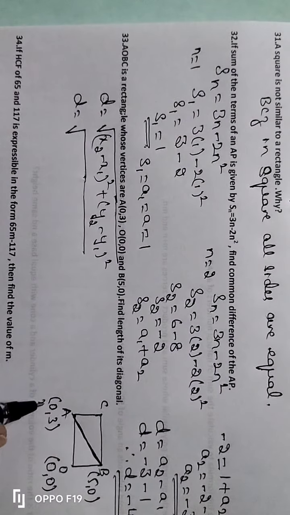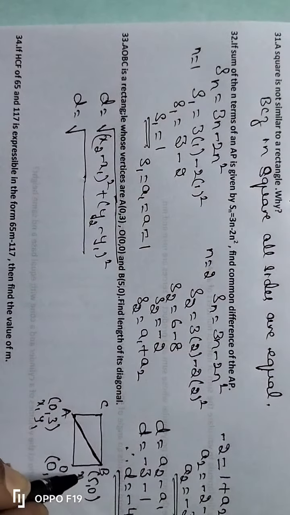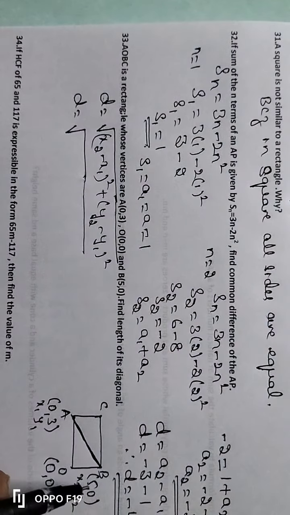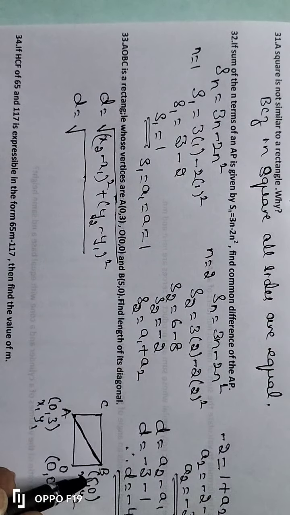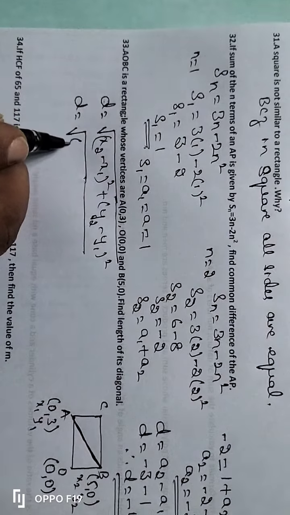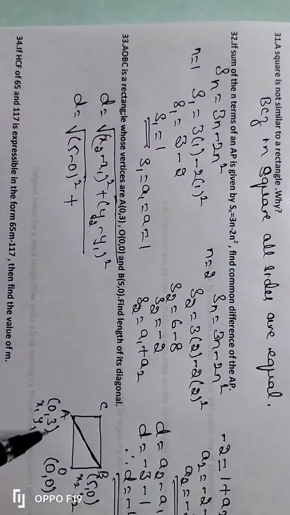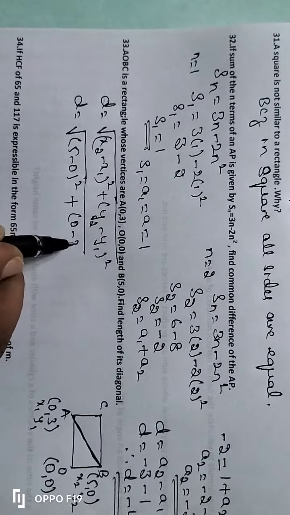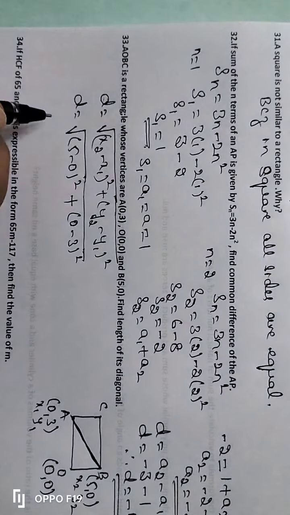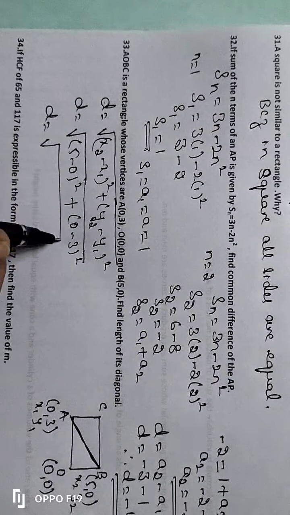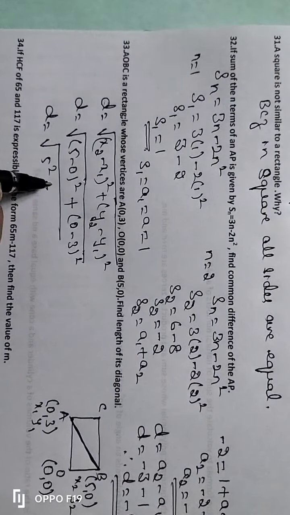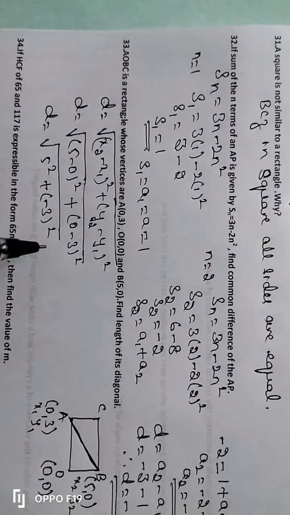Call this x1 y1, call this x2 y2. So x2 minus x1, that is 5 minus 0 whole square plus 0 minus 3 whole square. So D is equal to square root of 5 square plus minus 3 whole square.